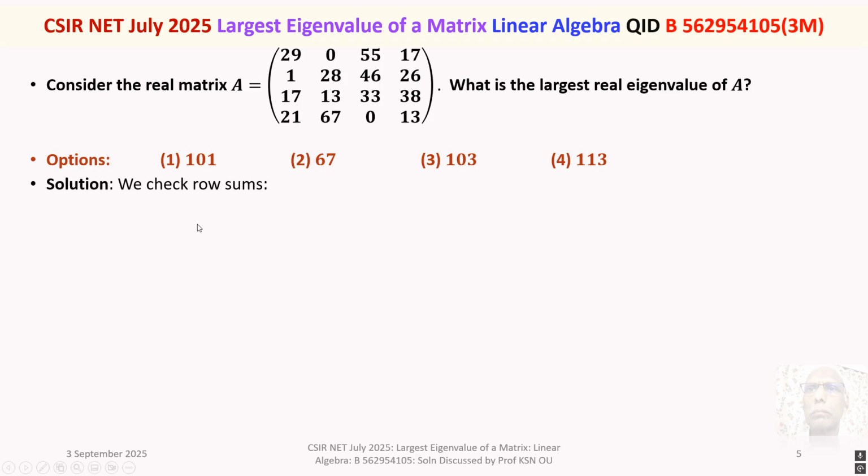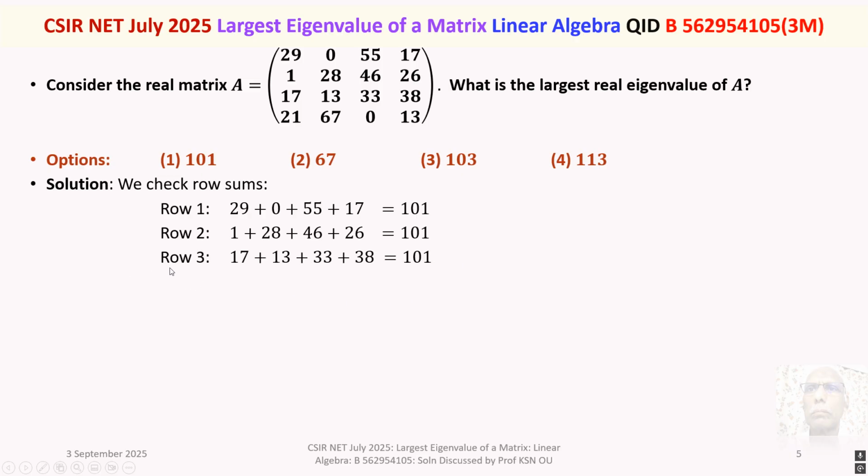Look at the matrix and we check row sums. That means take the first row and add its entries. That is 29 plus 0 plus 55 plus 17, which is equal to 101. That is the row sum of the first row. Row sum of the second row: 1 plus 28 plus 46 plus 26 is again 101.